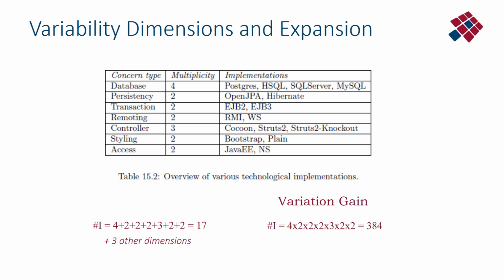And suppose that you would have that in the other 3 dimensions as well. You would have 17 times 4, and then you would have 384 to the power of 4, which is a huge difference. So never underestimate this huge difference between a sum and a product. And that's the whole point of separating the dimensions of variability, of separating the degrees of freedom.